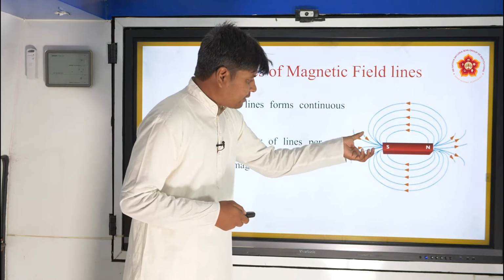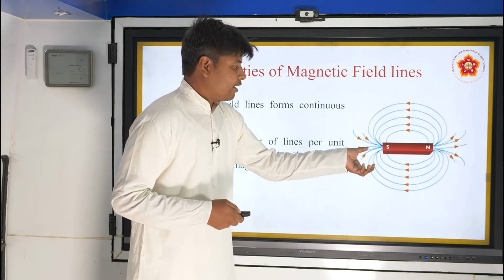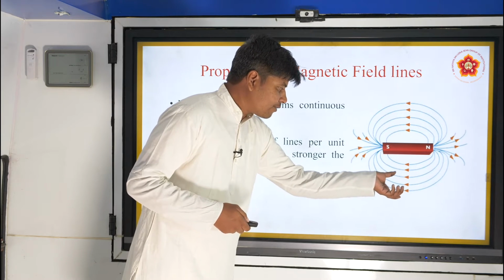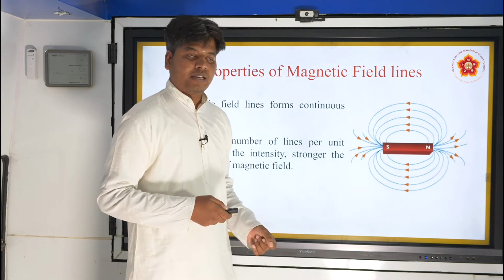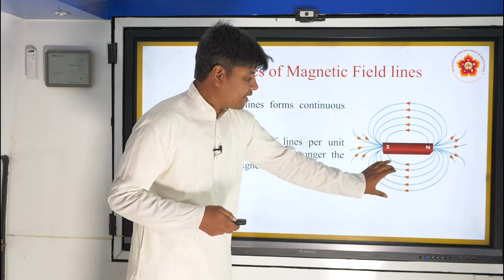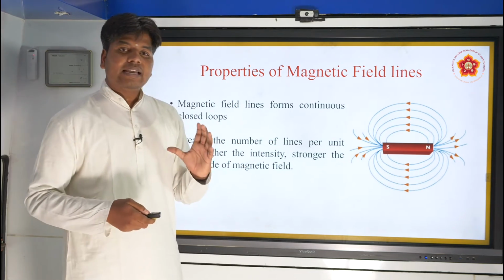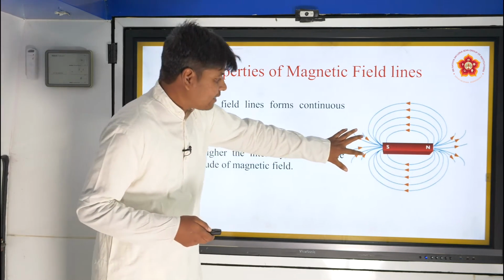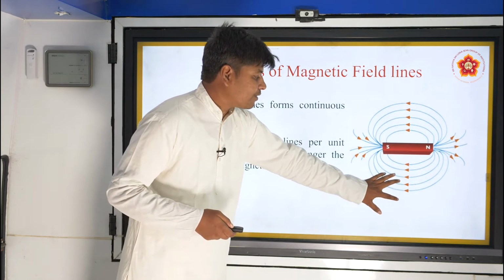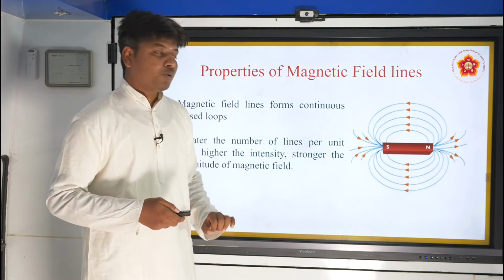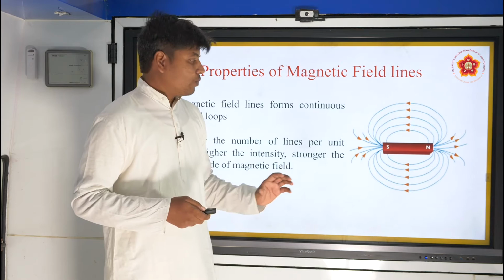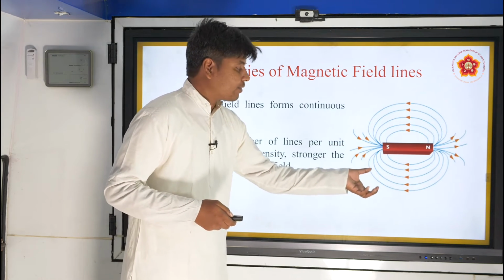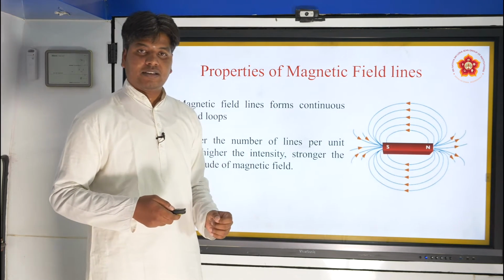If you take the same area here and the same area here, how many lines of field are in each area? You just compare them. You will get more field lines here, and less field lines here.